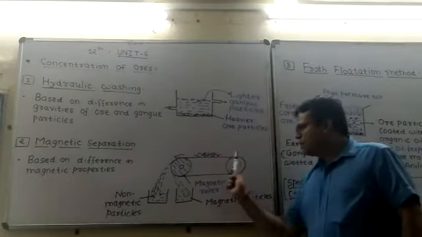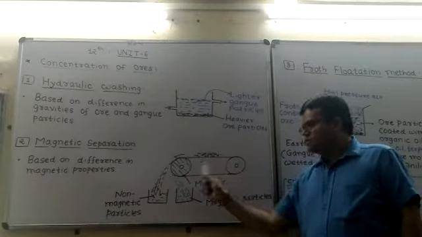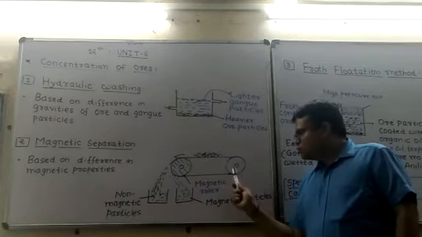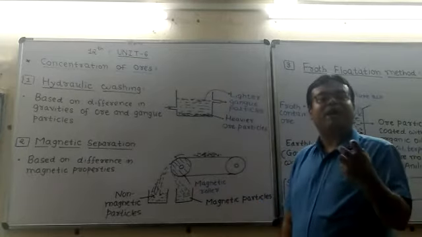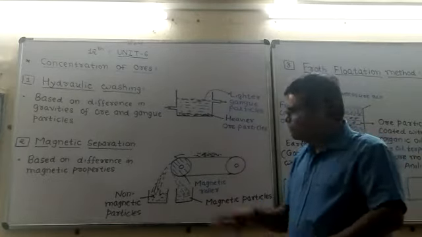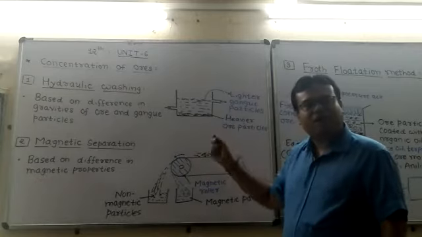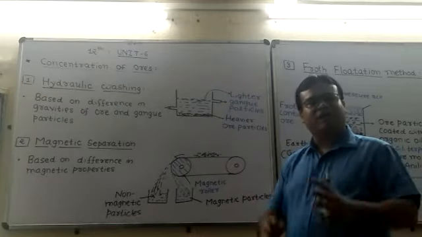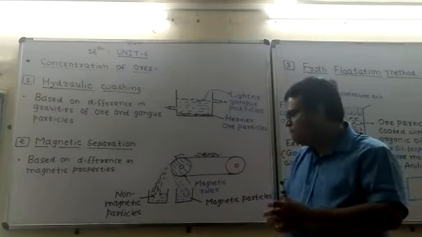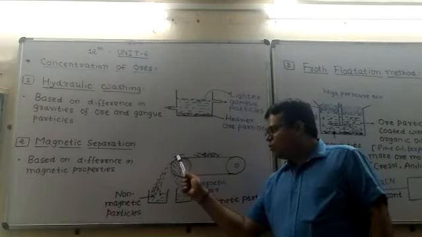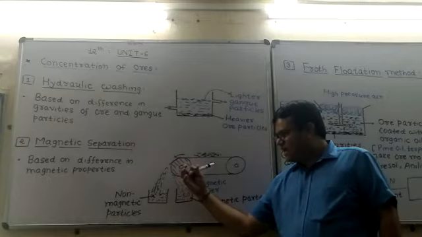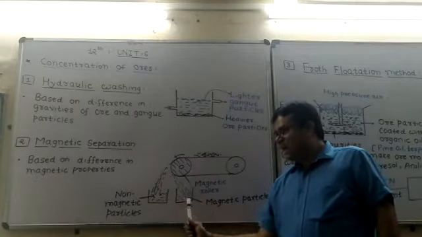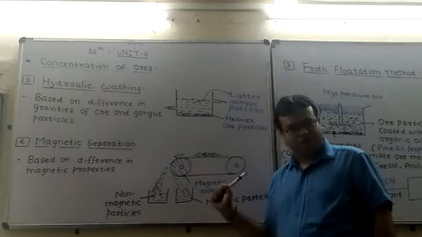Now let us consider this is one conveyor belt and it is fixed with two wheels. This is one movable wheel, and the other movable wheel is made up of magnet, that is, magnetized. When we have the ore powder, very fine powder containing ore with impurities such as gangue, and they are moving, the magnetic particles are attracted by the magnet, and as a result they are collected nearer to this magnetic zone.